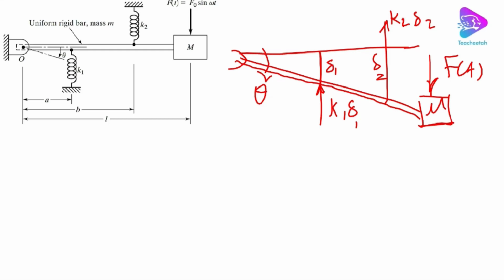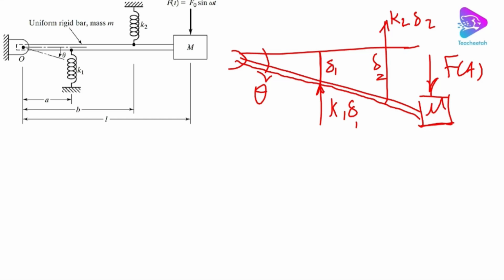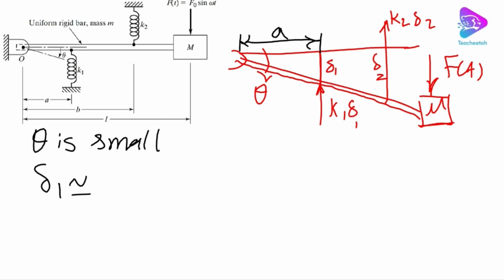Okay, so let's see how we can derive the equation of motion for this case. First thing we need to know is delta 1 and delta 2. If we suppose that theta is small, we can assume that delta 1 is nearly equal to this distance A times theta. We had it before. It's actually A sine theta, or A tan theta, but we can just use A theta here.